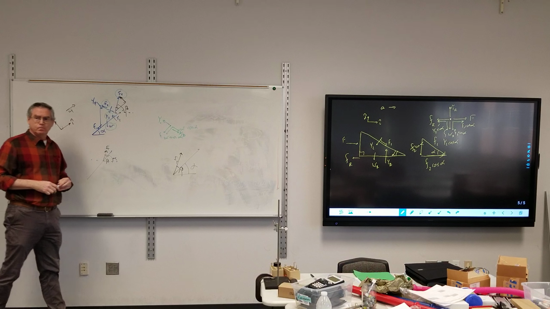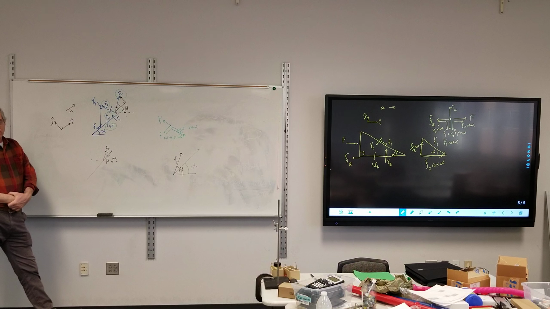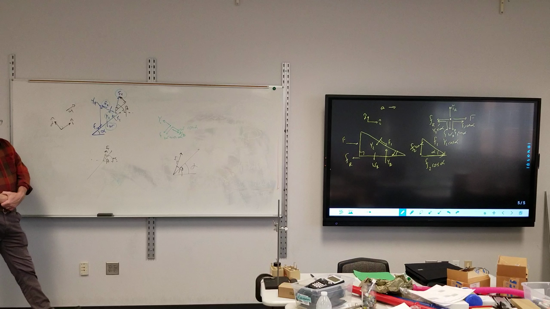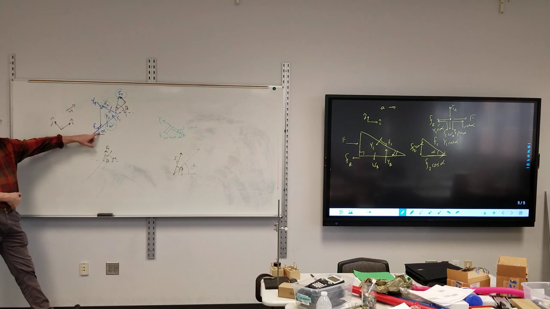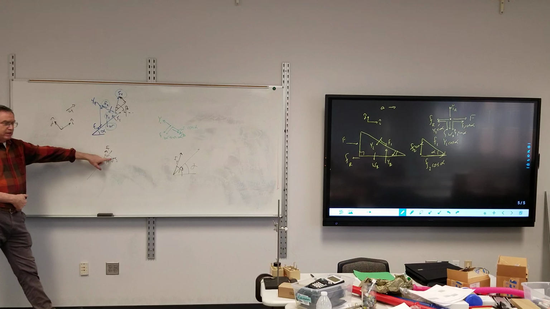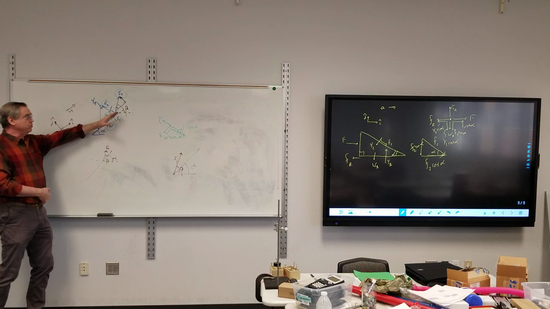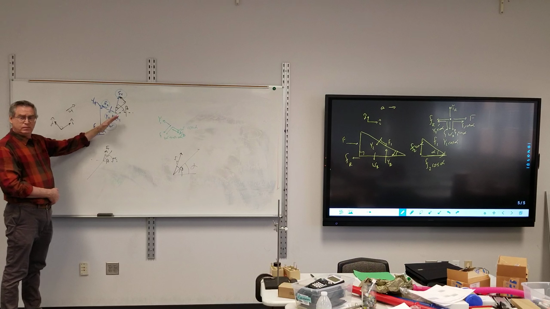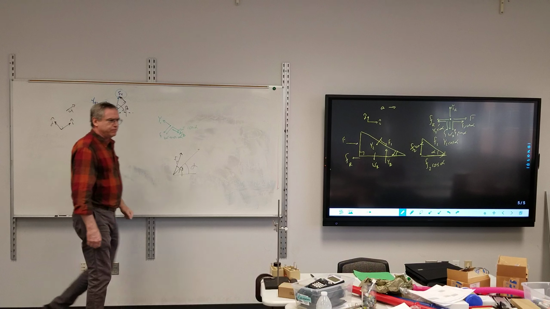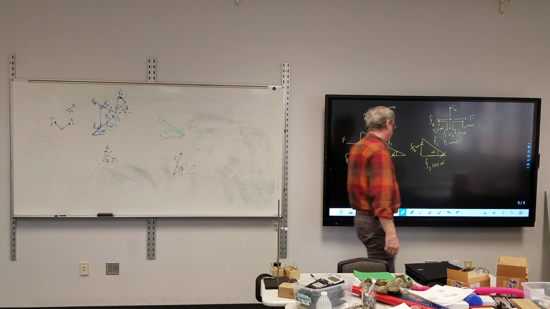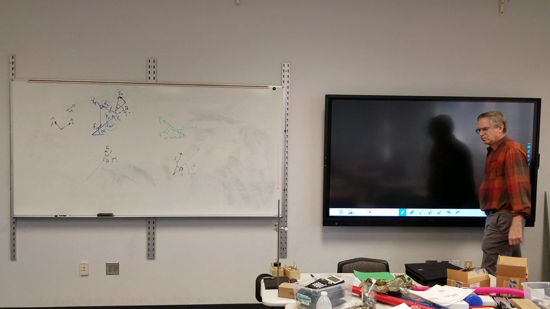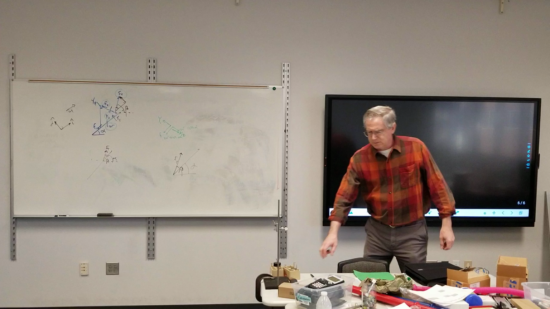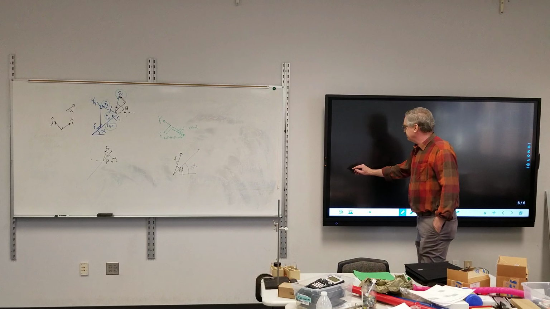I have a quick question. How do you know that's alpha? I assume that the ramp is straight. Therefore, the angle you make anywhere is going to equal alpha against the horizontal. Okay, I understand.